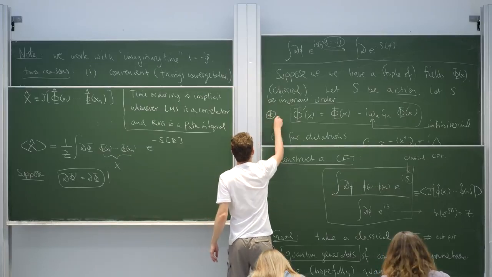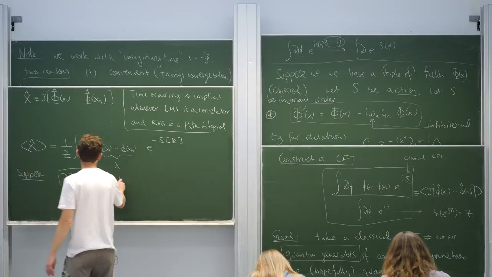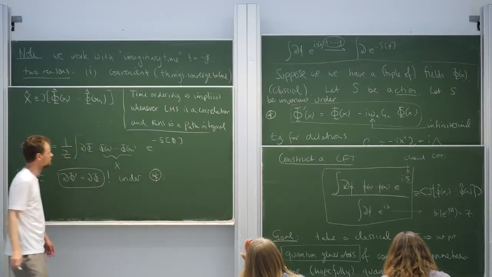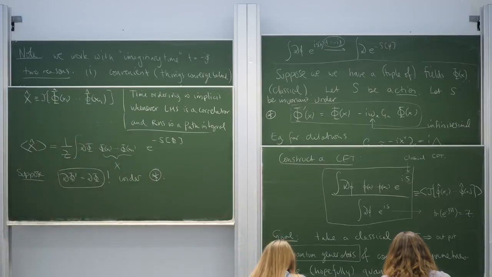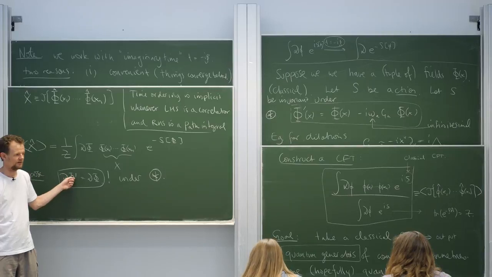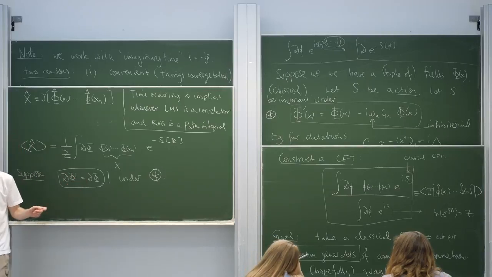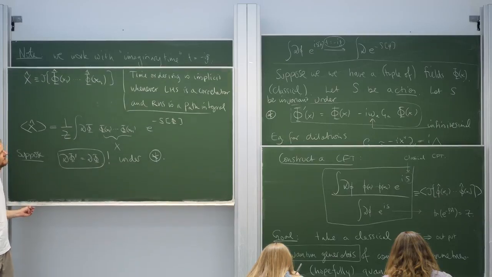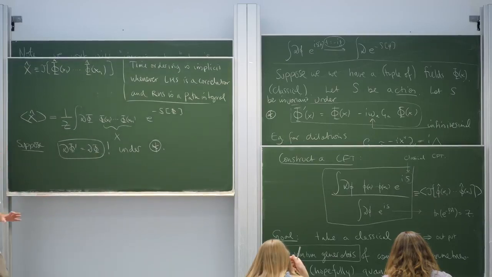Call it star. There's no reason this should be true. In fact, when symmetries become anomalous in quantum theories, it's exactly that which fails. One has to always be a little bit careful, but let's just assume that everything's going to be nice.